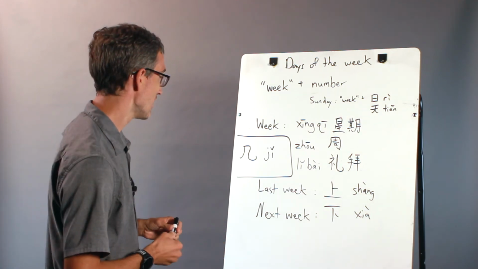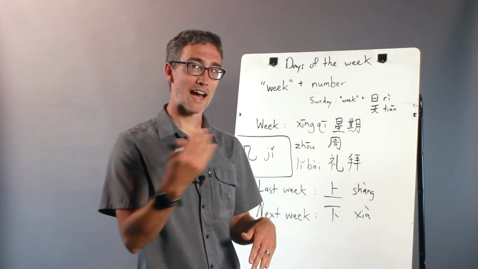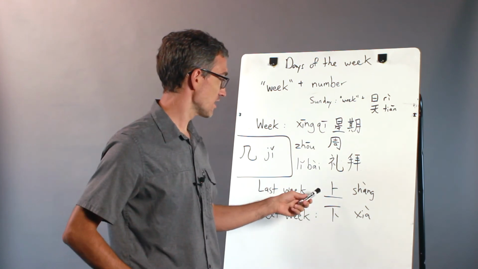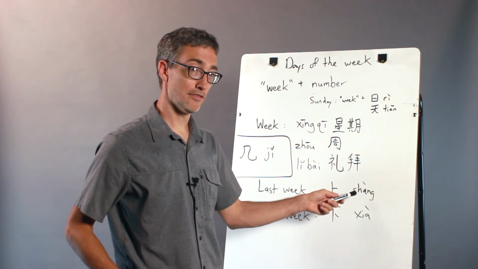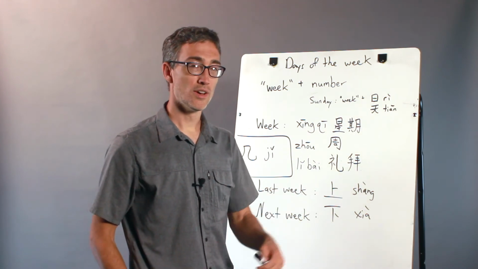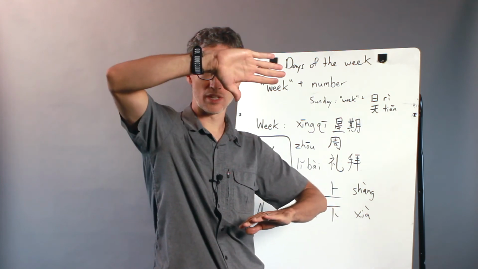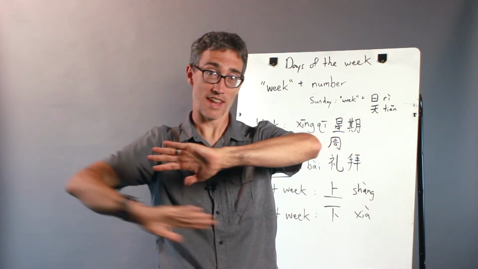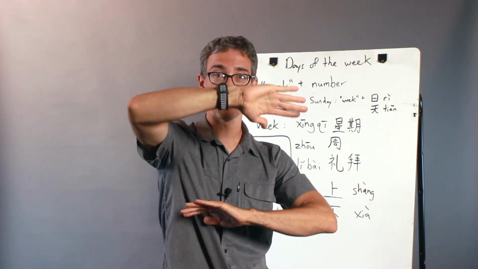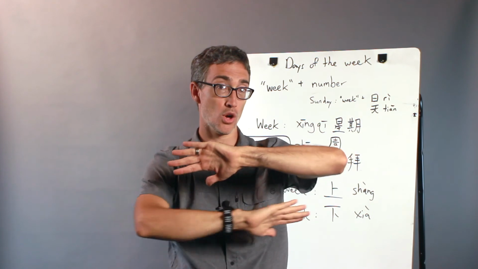That makes sense? And then lastly, I'll teach you that if you want to talk about last week or next week, use these words. Last week is 上, which means above, and next week is 下, which means below. You can think of it as a calendar. If you have the first week of the month, the second week of the month, and the next weeks, the last week was above this week, and the next week is below this week.